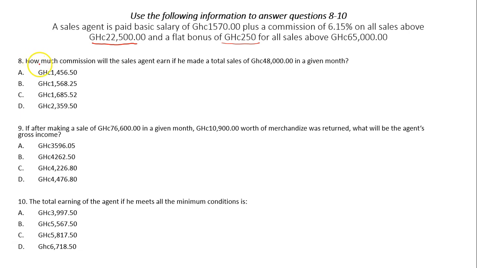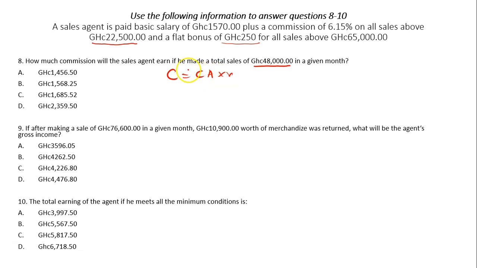Question 8 says, how much commission will a sales agent earn if he made total sales of 48,000 Ghana cedis in a given month? Now this is sales, isn't it? So commission is equal to commission amount times rate.